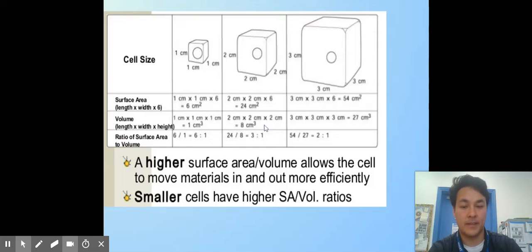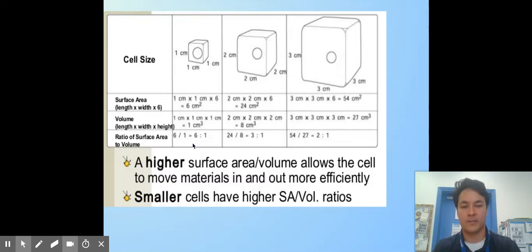The volume is much bigger, it's 8. 24 to 8 is 3:1. Notice how 3:1 is smaller than 6:1. That's what messes up some students. So as the cell gets bigger, the surface area to volume ratio decreases. One more time. As the cell gets bigger, the ratio of surface area to volume decreases.